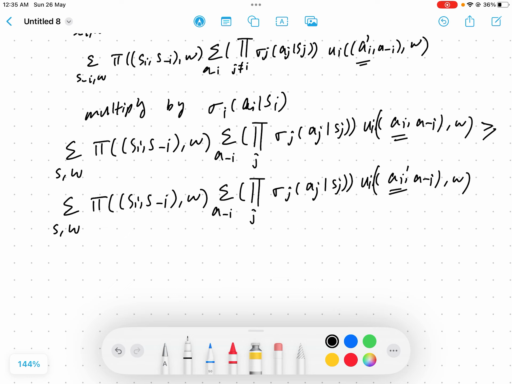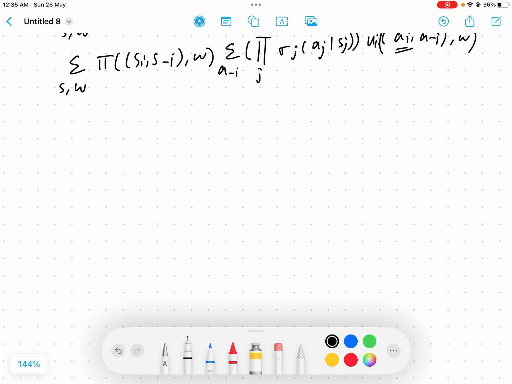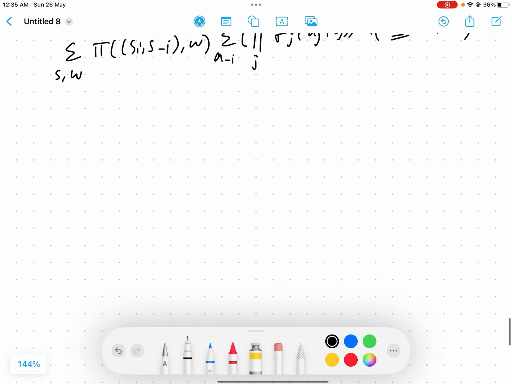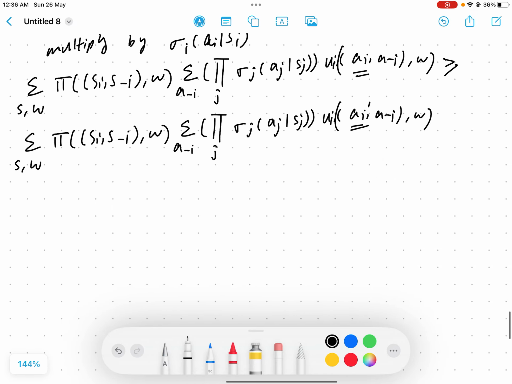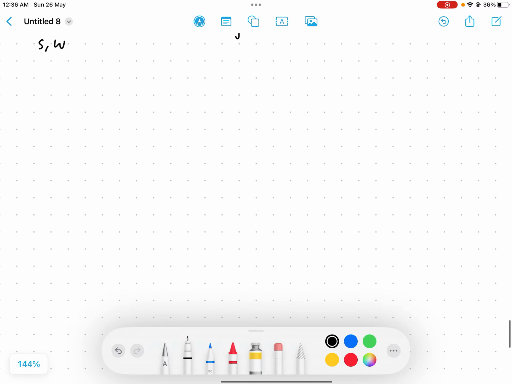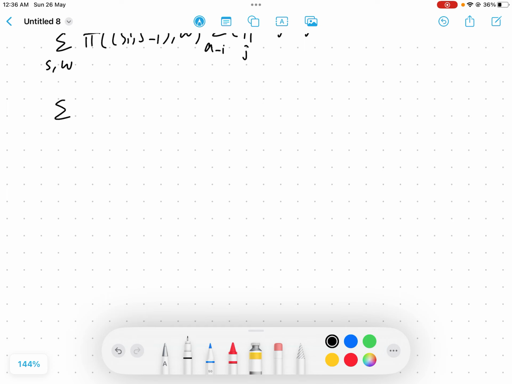All right. And then we exchange the order of the summations. We do the summation over s and omega, and then the summation of a_minus_i here. So let's do that.